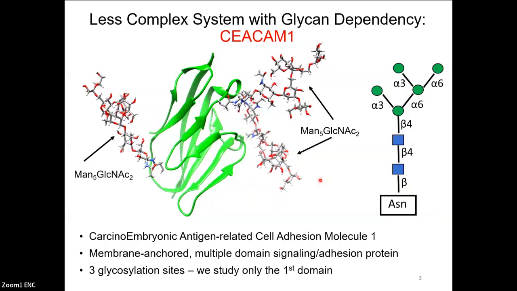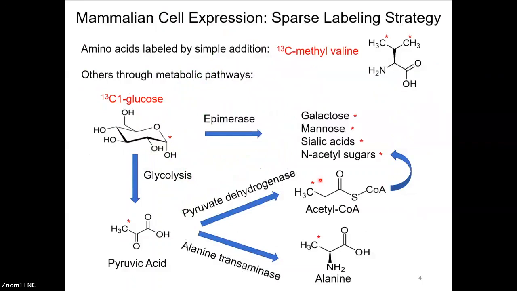So we use a strategy that we refer to as sparse labeling. And that is simply to select 1 or 2 or a few types of amino acids for labeling. And in many applications, this is just fine. You're often presented with a structure that you know, and what you're really looking for are surface interactions.